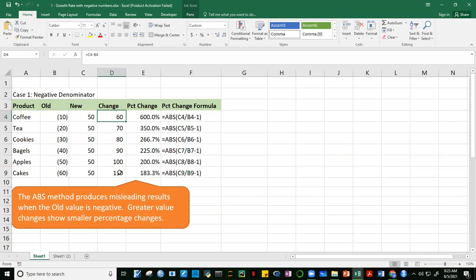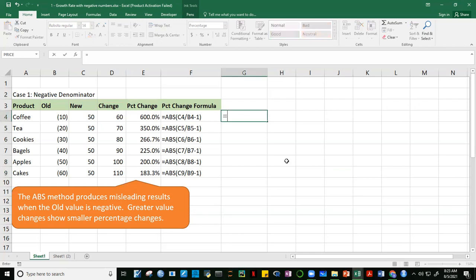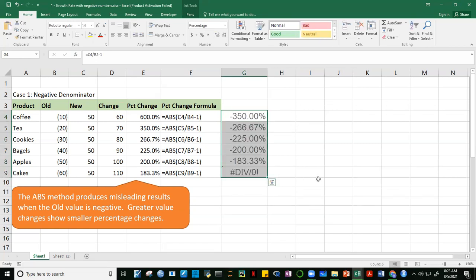70 dito, 110. Okay, when we compute for the percentage change, di ba yung formula natin, sabi natin, it's the new over the old minus 1. But that's our formula. Ay, mali.